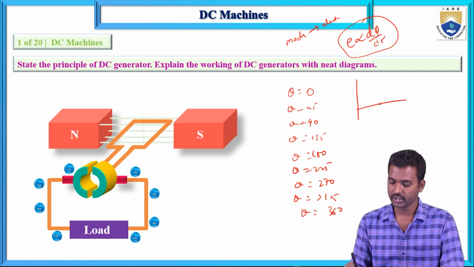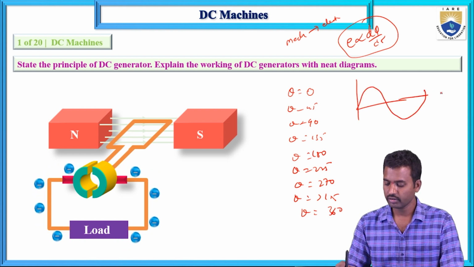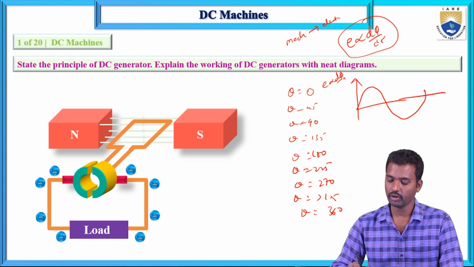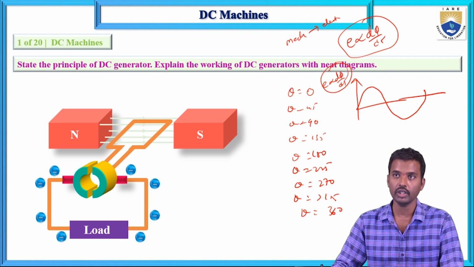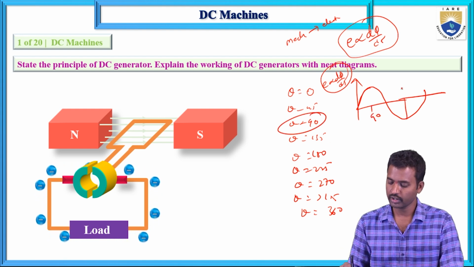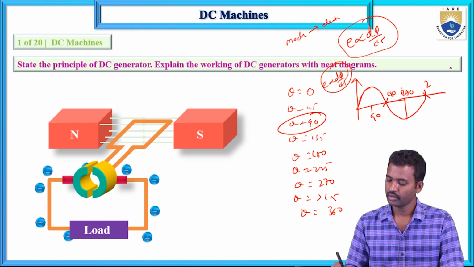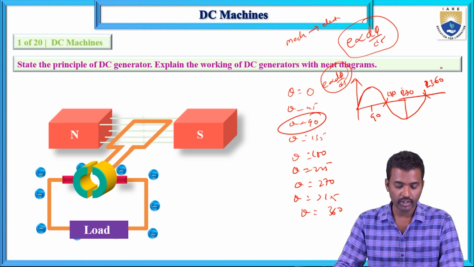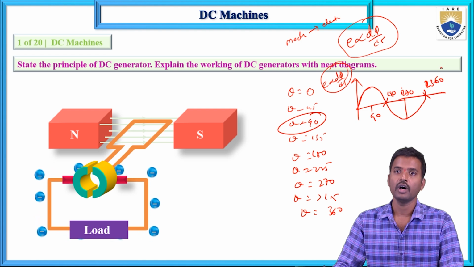In one complete cycle, one sinusoidal waveform will be generated. E is directly proportional to d phi by dt, according to which the EMF will be developed. This is at 90 degrees, this one at 180, 270 and next 360.